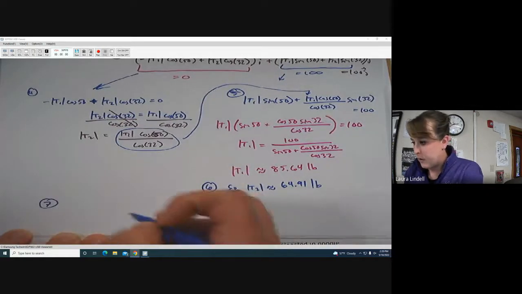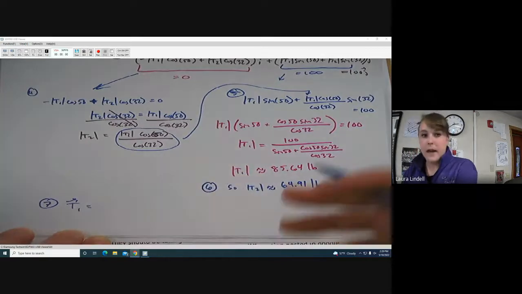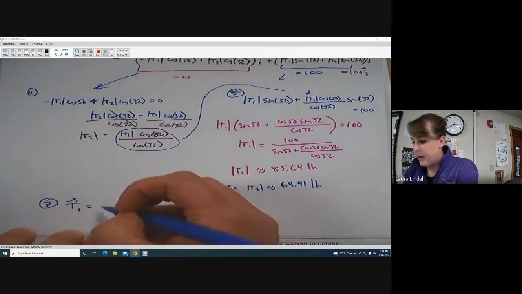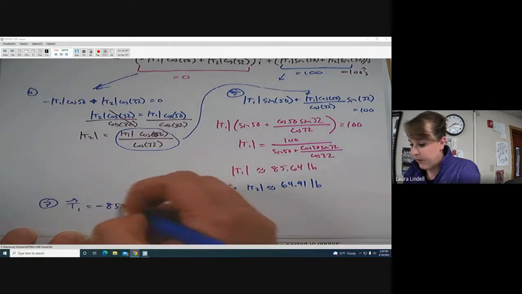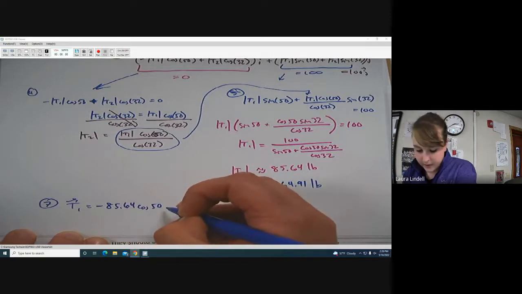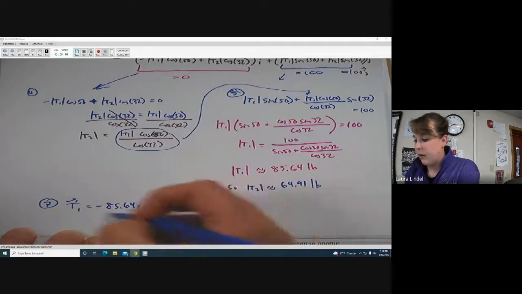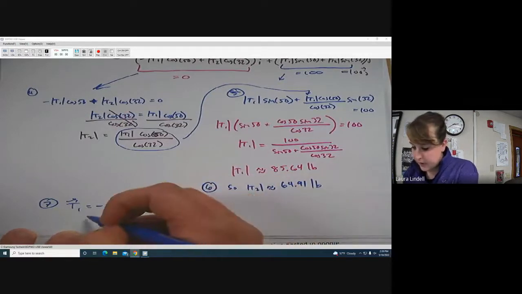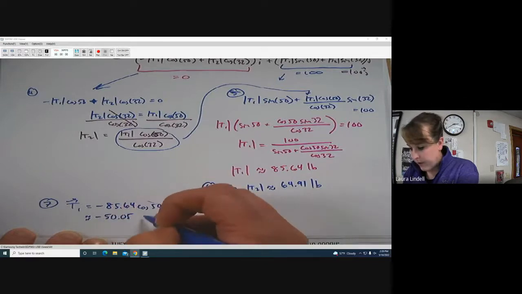So I'd have T1, from all the way back up at the top, we knew it was negative length of T1 cosine 50 I. So now it's going to be negative 85.64 cosine of 50 I. And if you plug all of this into the calculator too, you get negative 50.05 I.